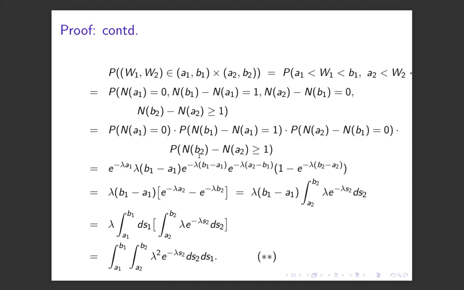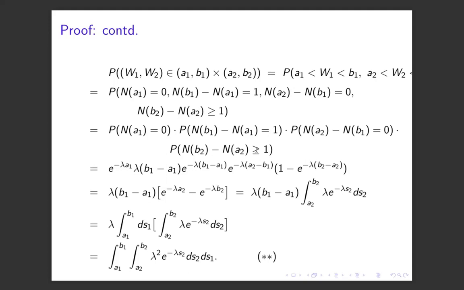And now this event, this is the probability N(B2) minus N(A2) greater than or equal to 1. So that is the Poisson random variable with parameter lambda times (B2 minus A2) taking a value of 1 or greater than that.